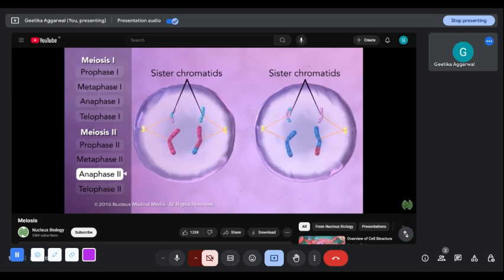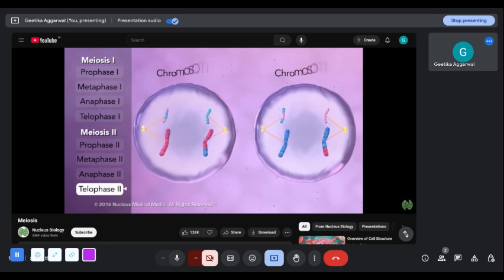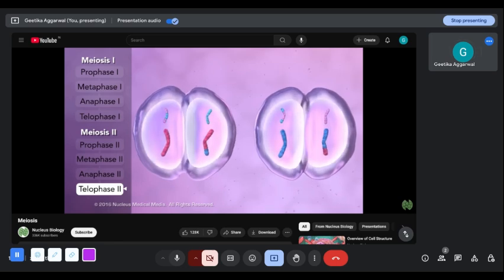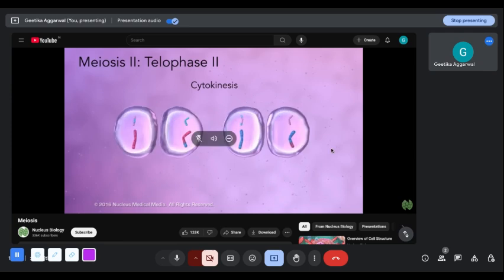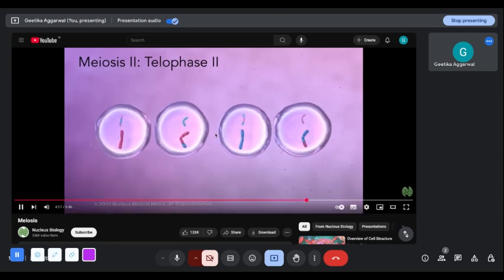Once the sister chromatids separate, they are called chromosomes. Finally, during telophase 2, the spindle fibers disappear and nuclear membranes reform. And cytokinesis occurs in both cells. Meiosis II ends with four genetically different haploid daughter cells, each containing.